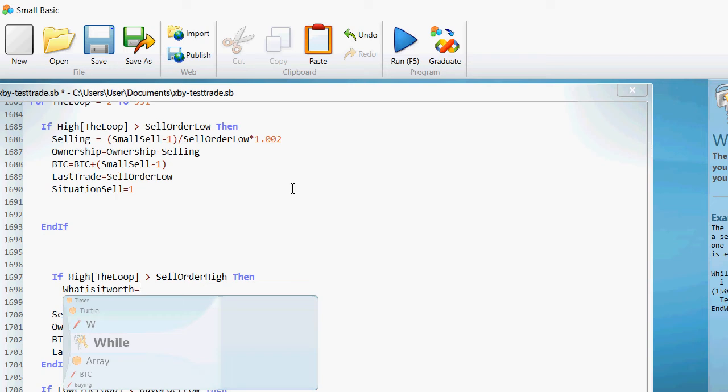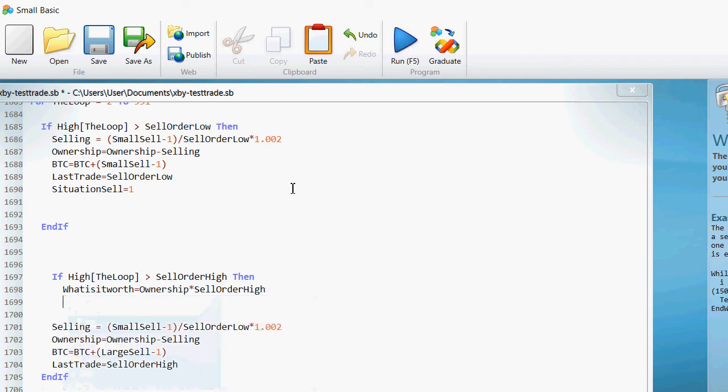So what is it worth equals, I've already calculated my ownership, so ownership multiply sell order high, and that's what it's worth.